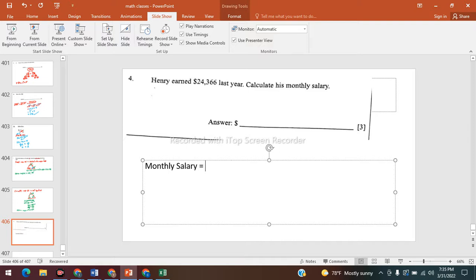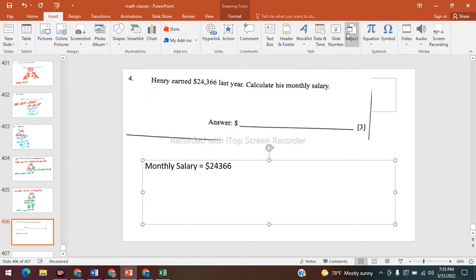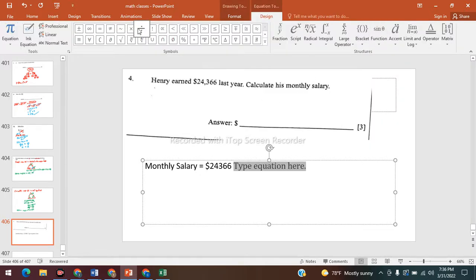It's going to be equal to $24,366 divided by 12.